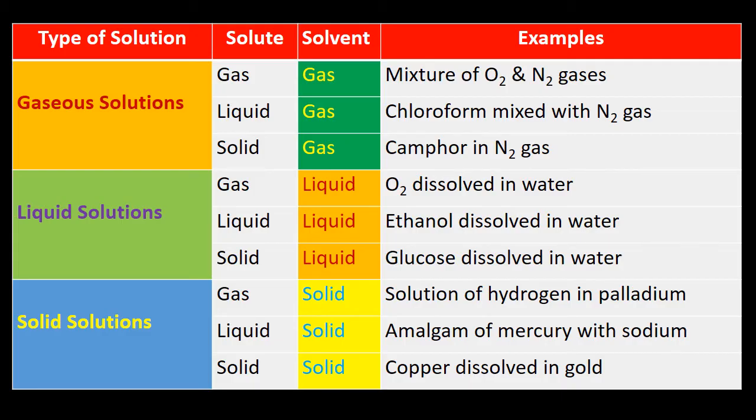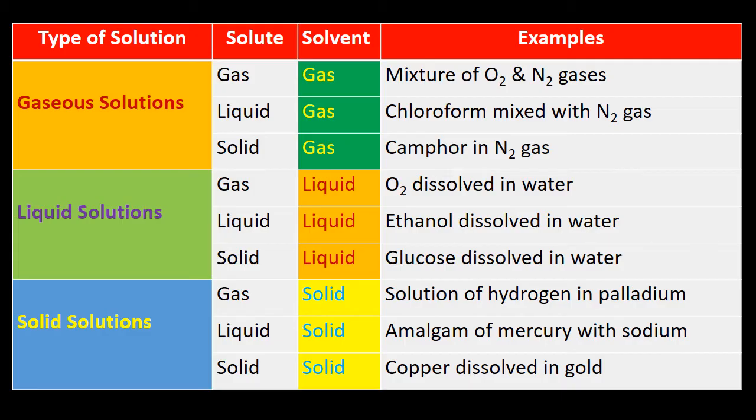And third type of solutions are solid solutions, in which solid acts as a solvent but solute may be gas or liquid or solid. An example of gas in solid solution is solution of hydrogen in palladium. Here hydrogen is solute and palladium, which is solid, is solvent.